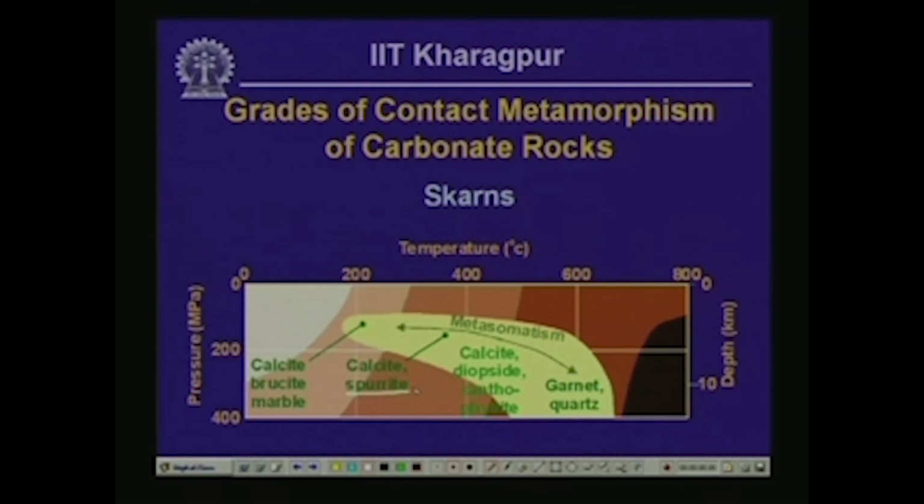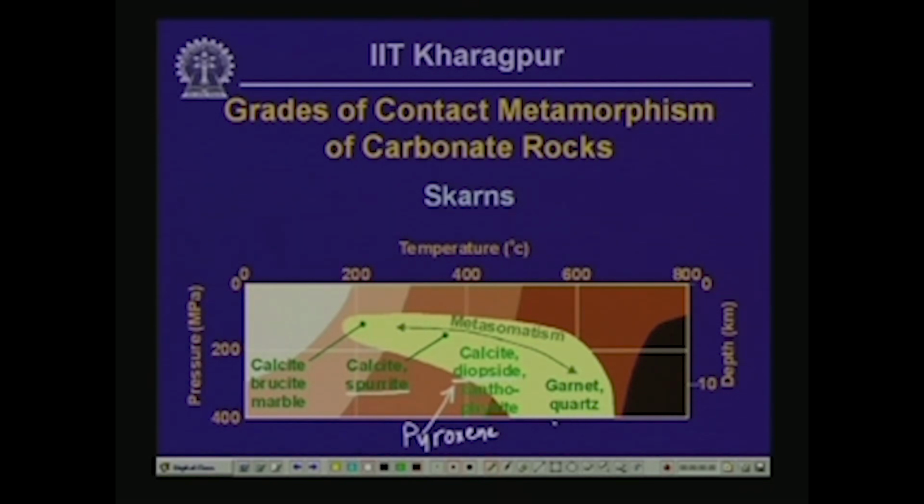Then we will end up with minerals that have a larger proportion of pyroxene minerals such as diopside. And finally, as the metamorphism matures even more, we are going to get garnets and quartz to an increasing extent.